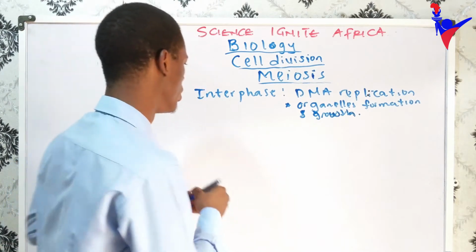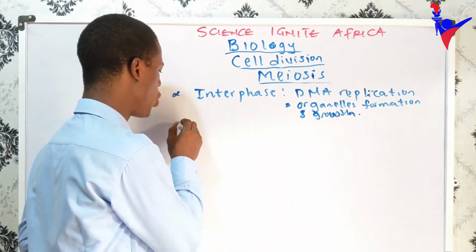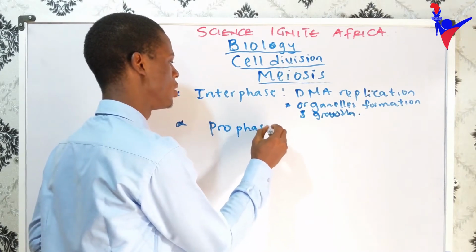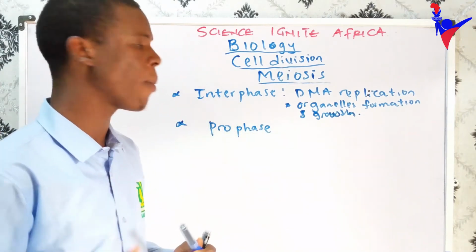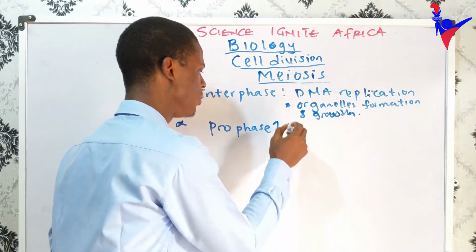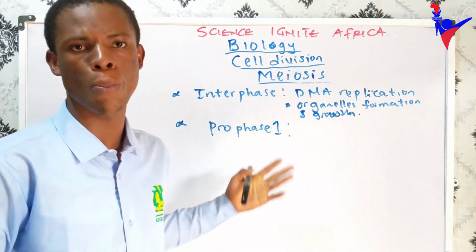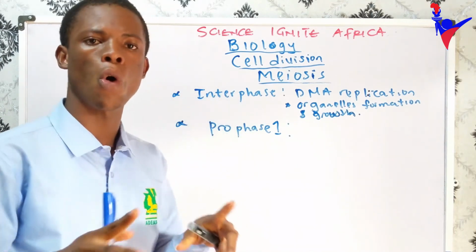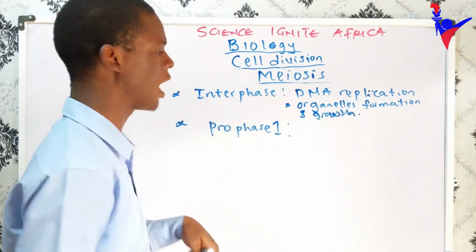From the word, pro means before. So it has this prophase, whereby we have the prophase 1 division. The prophase here is called prophase 1 because, as I've said, meiotic division occurs in 2 stages, the first stage and the second stage.